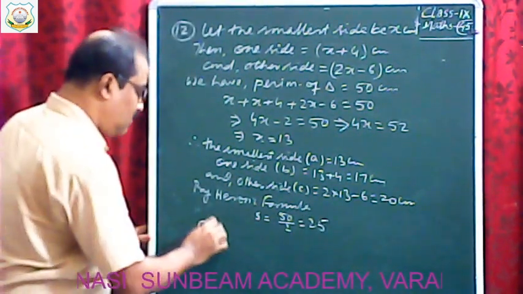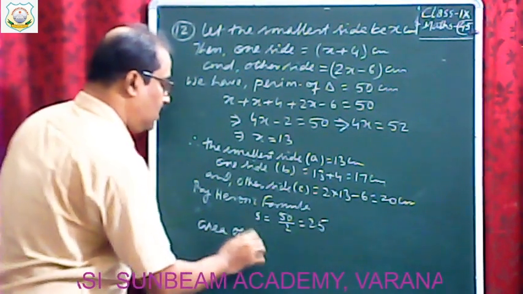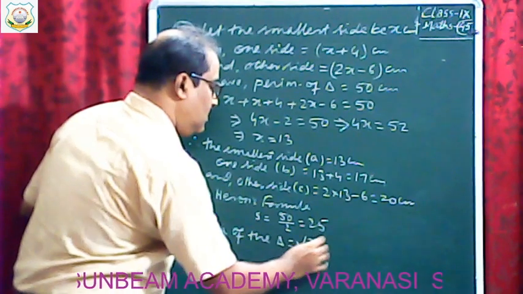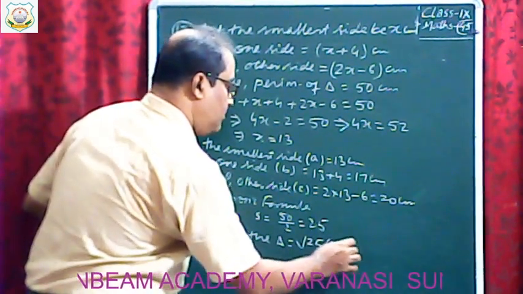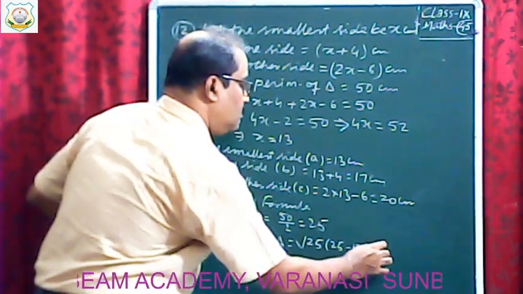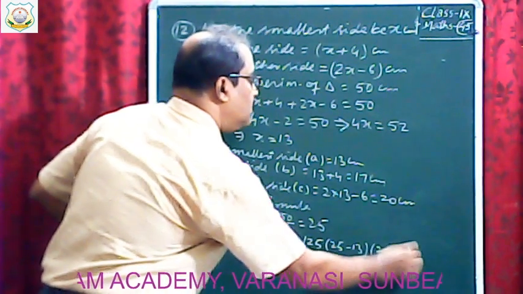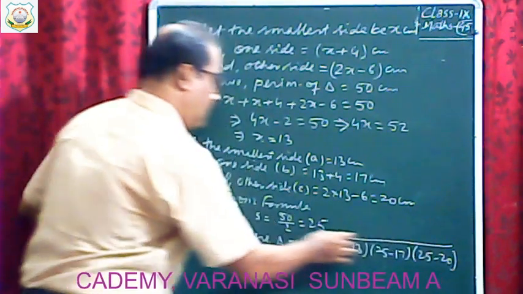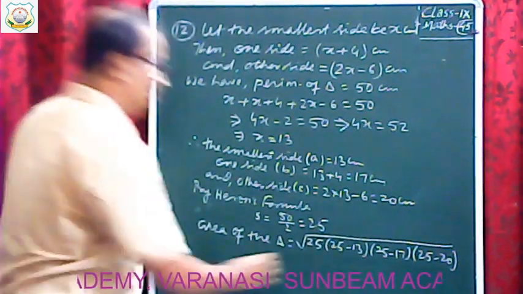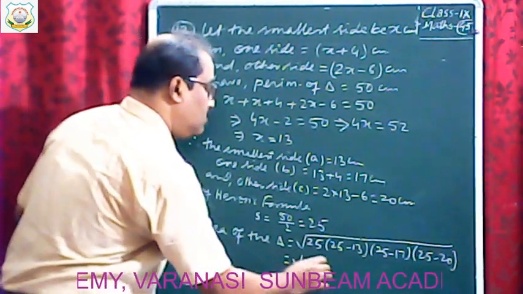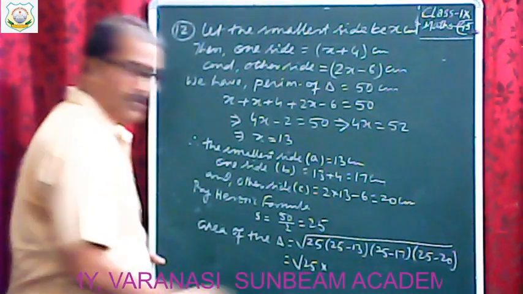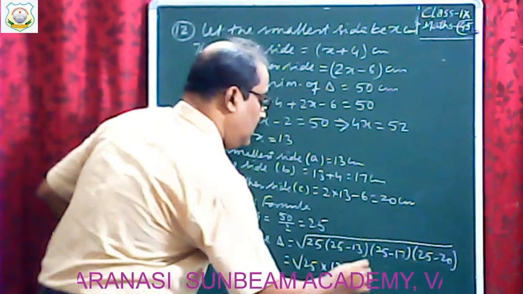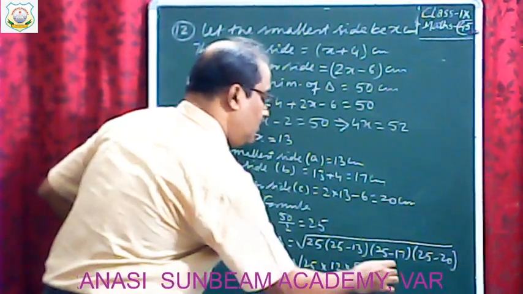So the area of the triangle equal to square root of S, 25, 25 minus 13, 25 minus 17, 25 minus 20. Okay, so that is equal to square root of 25 into 12 into 8 into 5.